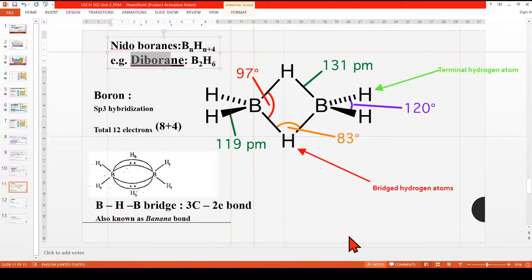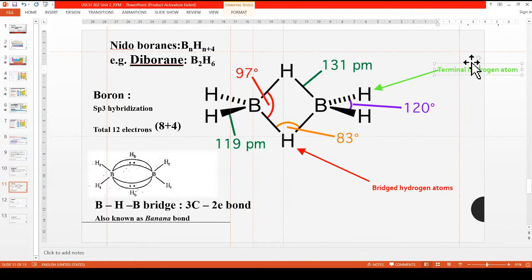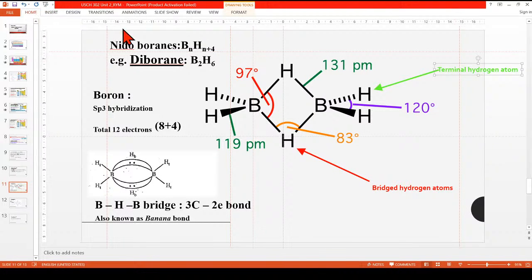The structure of diborane is like this. Two BH3 groups are there, but if you see bonding, then on one boron atom there are two terminal hydrogen atoms. Okay, you can see this. These are terminal hydrogen atoms.